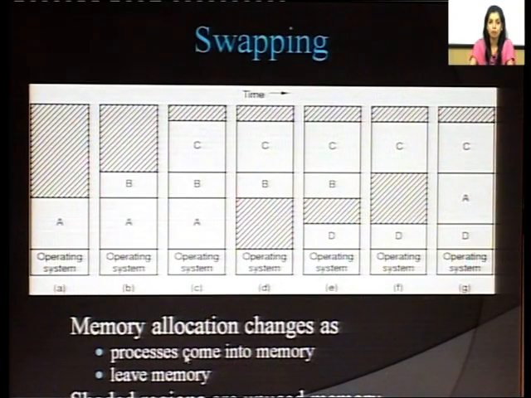So memory allocation changes as processes come into memory and leave memory, that is swapping.